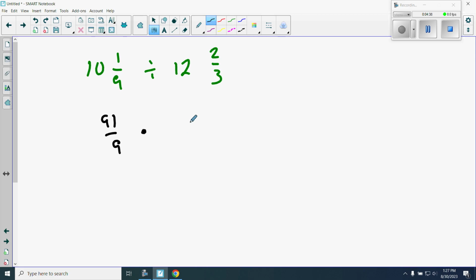We're going to take it times, and now remember we've got to flip this one, so the 3, the denominator, has to be the numerator, times 12 is 36 and 2 is 38. And now we're reducing, tops times tops, bottoms times bottoms, and we get 91/114.